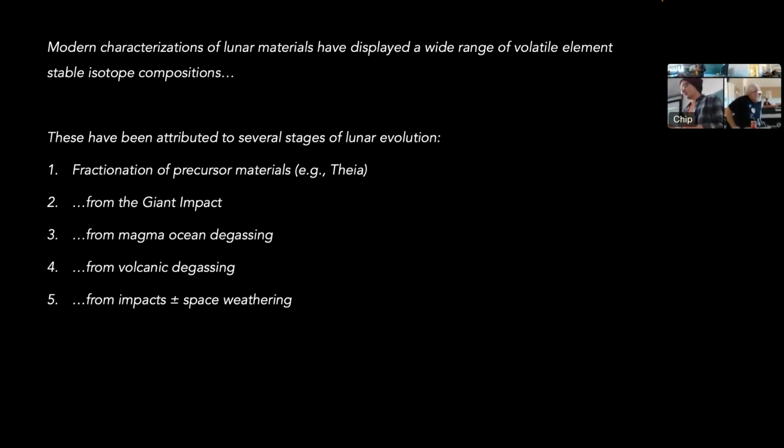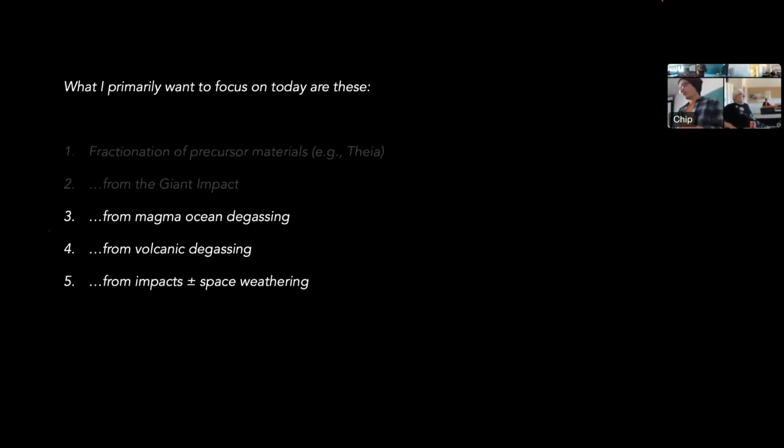There are entire talks to be given on any given element and isotope system in these processes. What I'm focusing on today are these latter three. Specifically, I want to look in depth at the rock analogs we have to test the relative effects of these latter processes, ranging from the degassing of the magma ocean to later volcanic degassing during Mare volcanism, and then lastly, what I've been looking into a lot the past couple of years, impacts and space weathering phenomena.